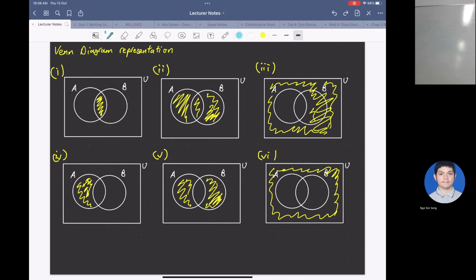Okay, conjunction we usually use for logic. So it's A intersect B, right? Anyone wrote B intersect A? Yeah. Okay, they both work. They are the same. How about 2? A union B. Anyone wrote B union A? Yeah. Okay, same.